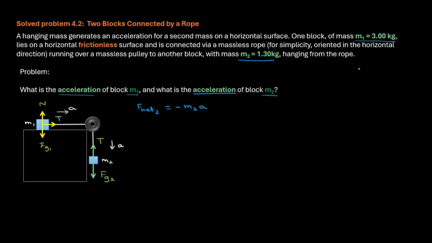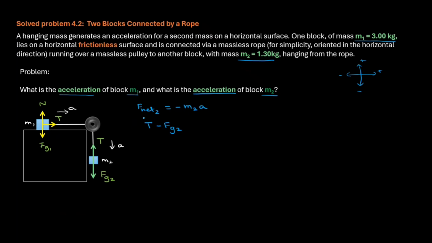By convention, any vector that goes up or to the right is taken positive, whereas any vector that goes down or to the left is taken negative. So here for M2, my tension T is pointing up, so it will be positive, whereas force due to gravity is going down, so I have to take it negative.